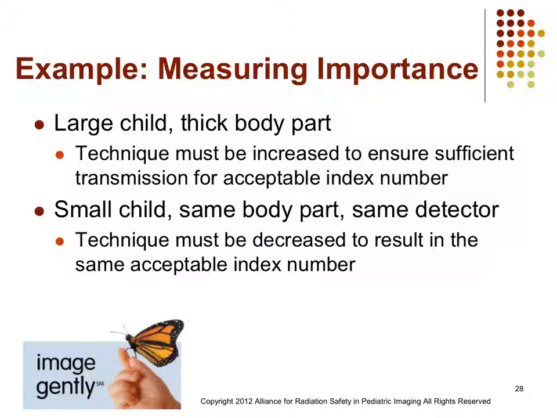It's all about how much the image receptor receives. It's about the signal to the actual detector. So just that same detector, different children, just a general example, to make sure that we child size our doses. Smaller children are going to use lower techniques to be able to have the same amount of signal needed to produce an acceptable radiograph.